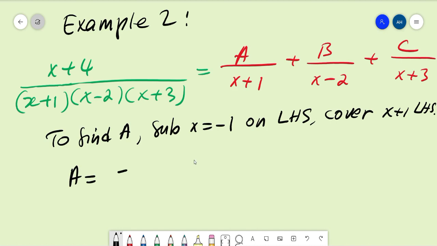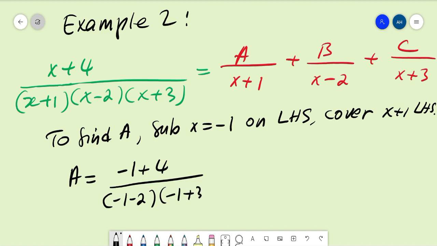So we have negative 1 plus 4 over, now we have to cover x plus 1, meaning we are not going to substitute x equal to negative 1 in this factor. Next we substitute x equal to negative 1 in the second factor, x minus 2, so we have negative 1 minus 2. In x plus 3, we have negative 1 plus 3.